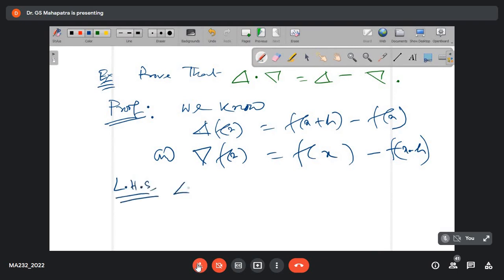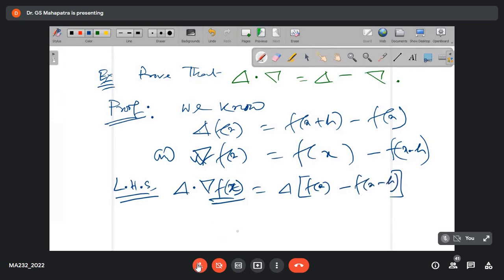Delta dot nabla on f of x. What is the answer? Now delta on this one, f of x minus f of x minus h. Delta of f of x, the arithmetic operation is actually permissible, admissible.